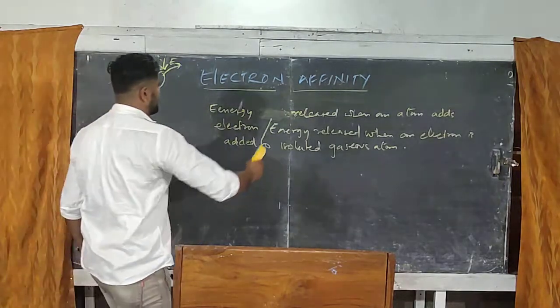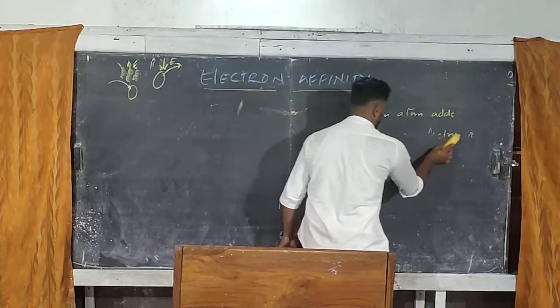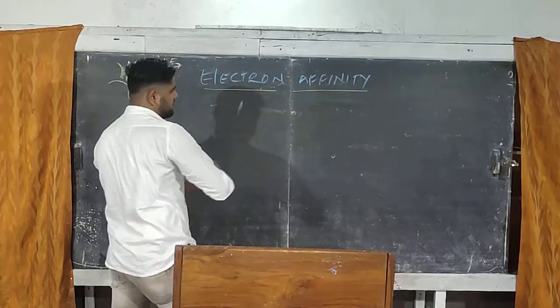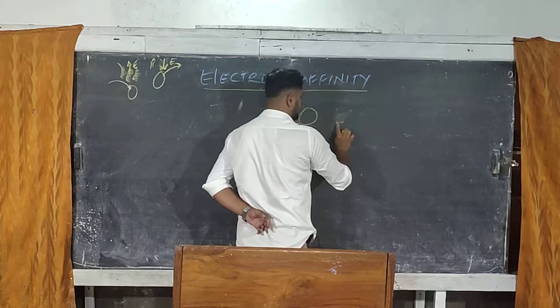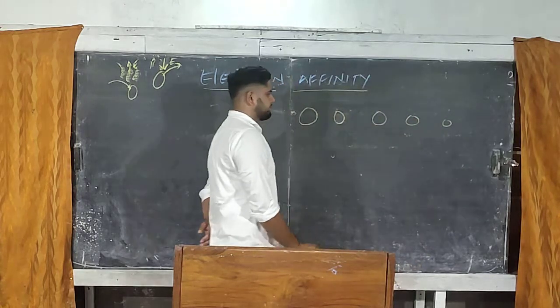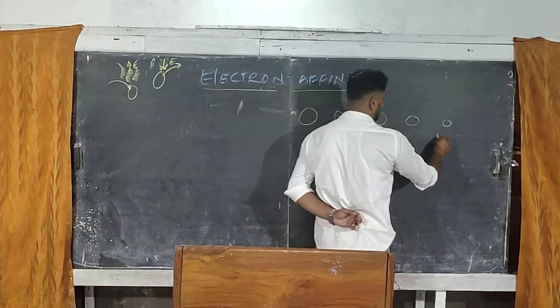Okay, so now I'll explain this with respect to the period and the group. As we move from left to right, as you know, the size of the atom decreases, yes or no? Why does it decrease? Because there is a higher nuclear charge.